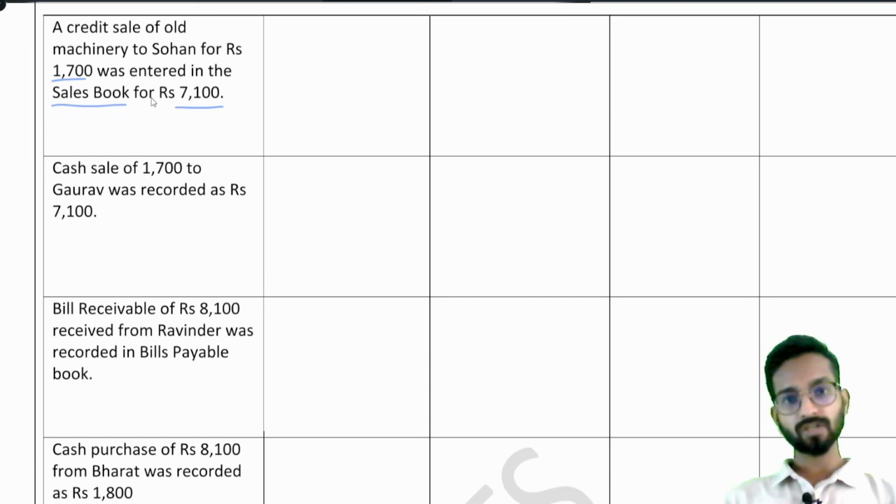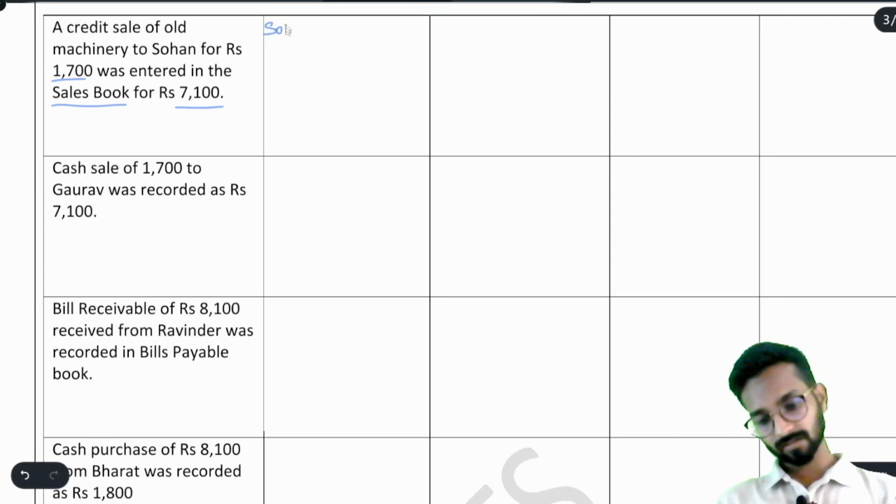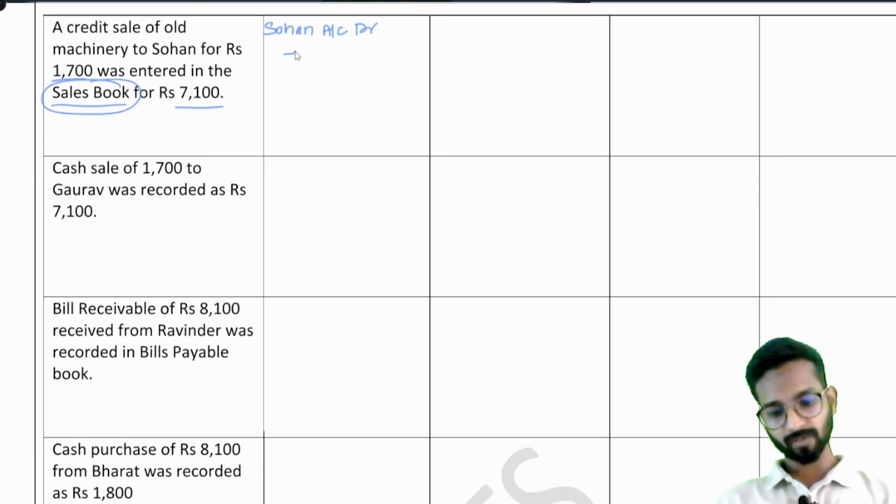See, it means what journal entry we have passed? We have written Sohan account debit because we have entered in the sales book. So I can say Sohan account debit to sales 7,100. Sales account 7,100. Okay.